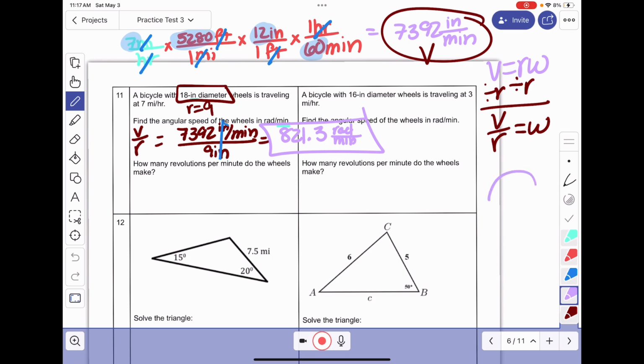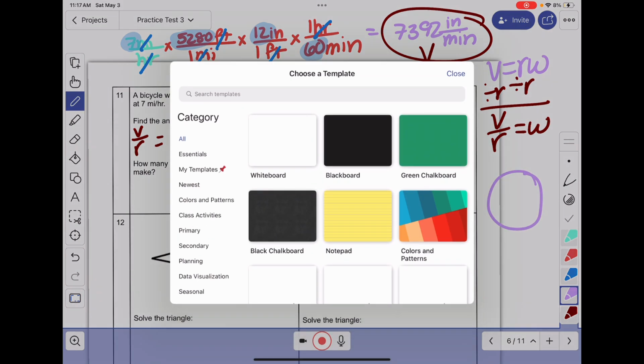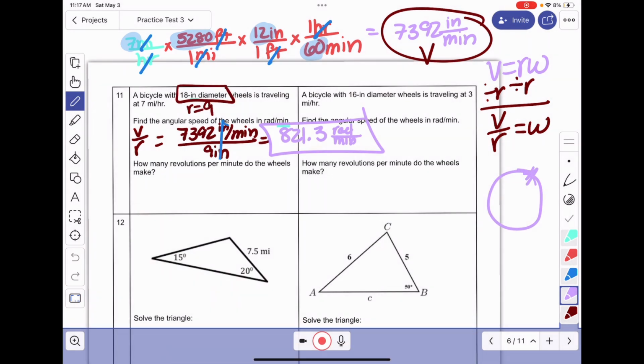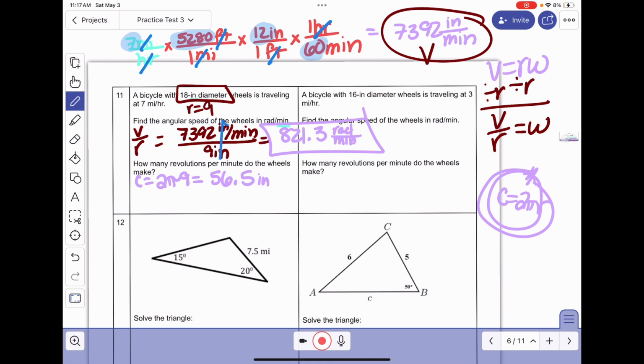So a wheel is a circle. The circumference is the distance around the circle, and the formula for that is 2 pi r. So to find the circumference of this circle, I do 2 times pi times 9, and I get 56.5. So that's how many inches are around the circle.